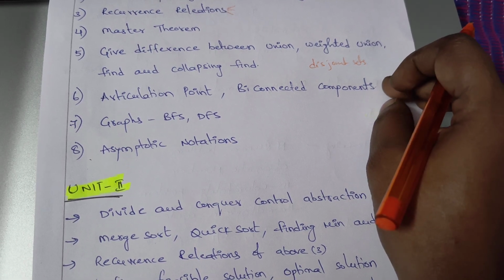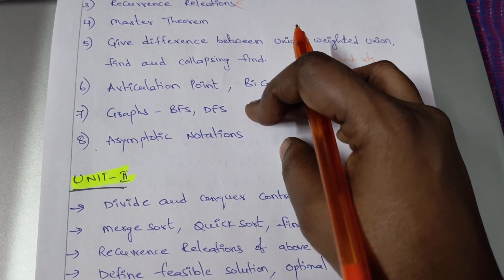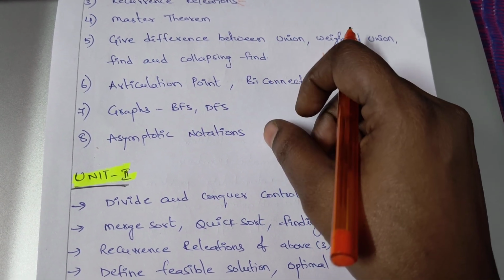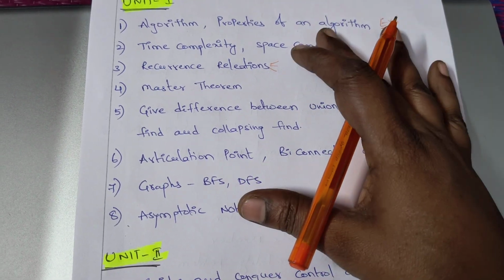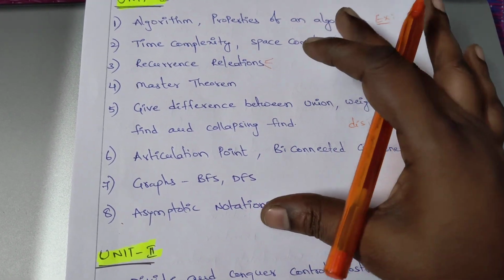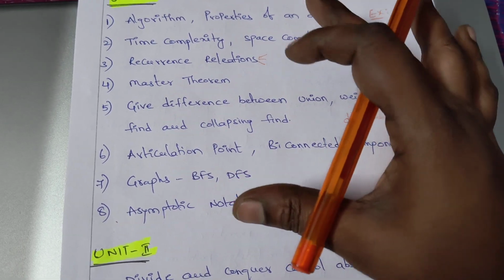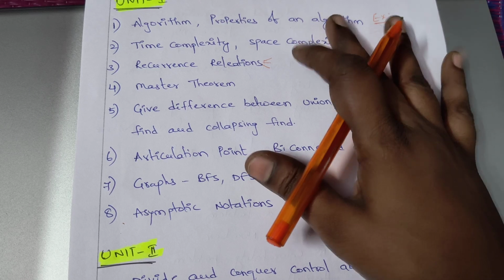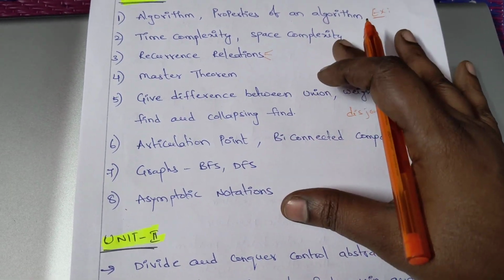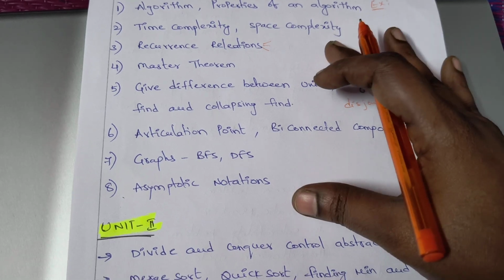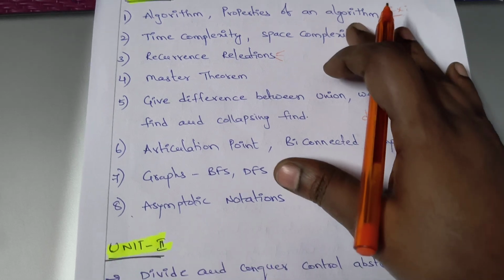And graphs: BFS, DFS, traversal, asymptotic notations. I have actually given the cream of the first unit. Don't skip any topic or any question from unit 1. These are the possible questions, followed by some equations to be solved, as I discussed in the previous question paper solutions. So these are the important questions from unit 1.